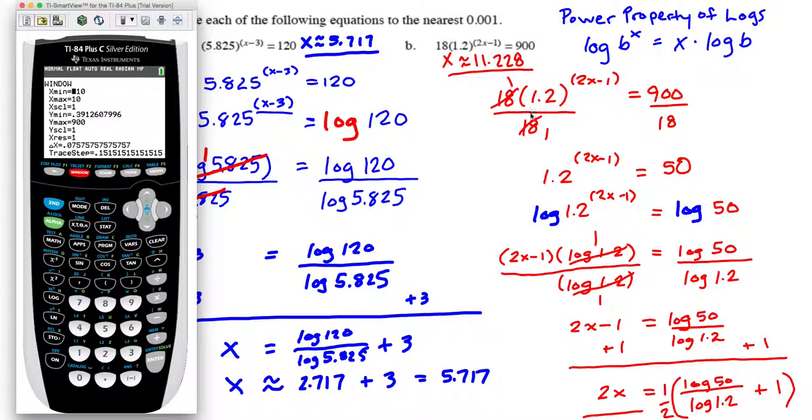We know that we're looking for our x value to be somewhere around 11, so let's make our x max 15. And then our y max, instead of 900, let's say 950. Then when we look at our graph, it should fit on there and we can do our second trace intersect function.